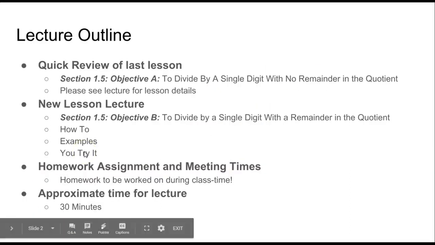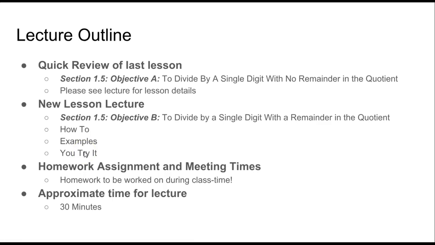We always start each lecture with a lecture outline to let you know from start to finish what your expectation of this lecture will be and what we'll cover within it in order. So we always start our lecture with a quick review of the last lesson, being section 1.5, objective A, and that objective was to divide by a single digit with no remainder in the quotient.